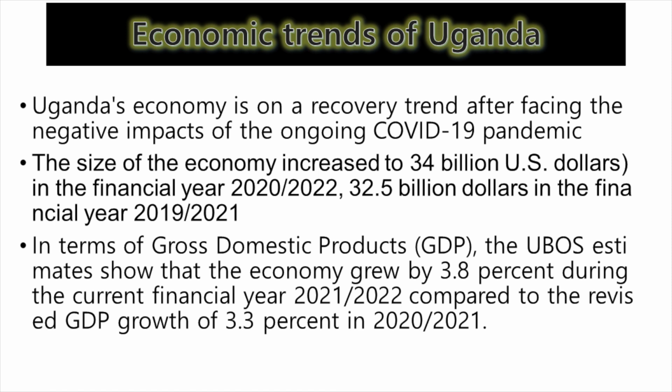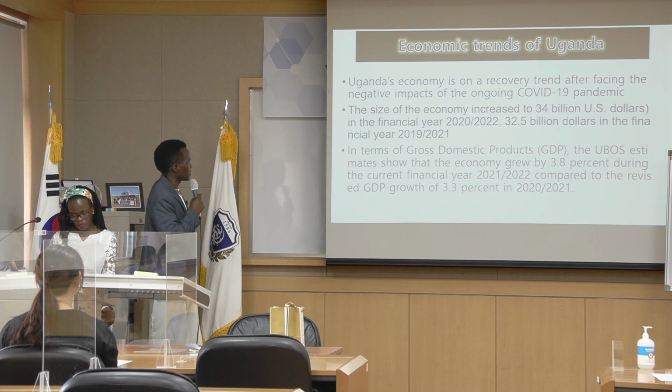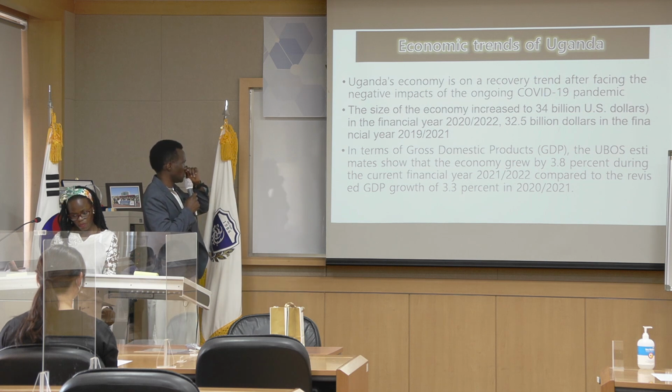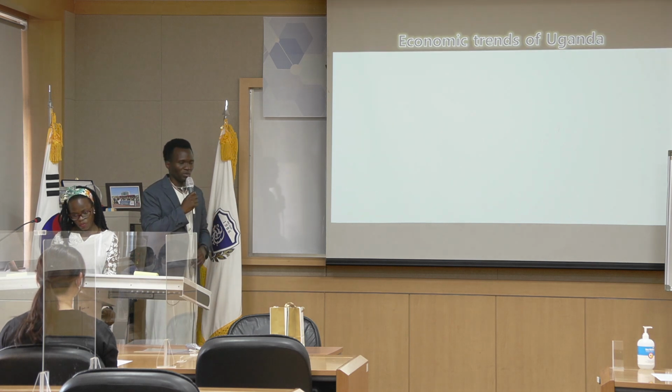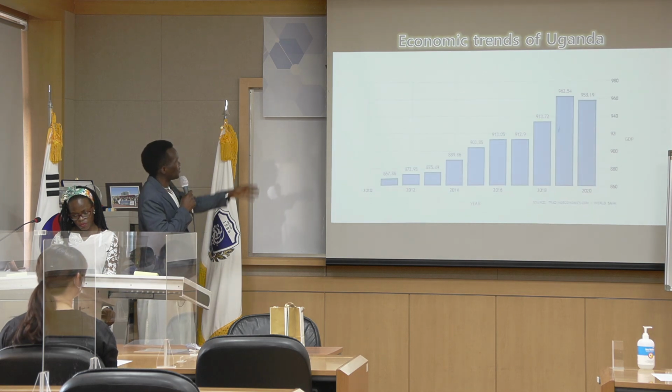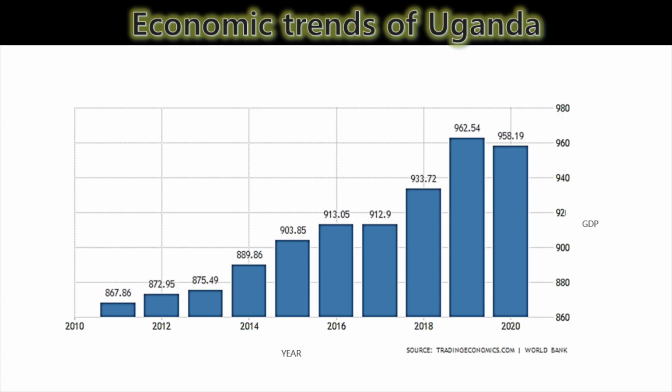In terms of gross domestic product, the Uganda National Bureau of Statistics shows that the economy grew by 3.8% during the current financial year, 2021-2022, compared to the previous GDP growth of 3.3% in 2021.